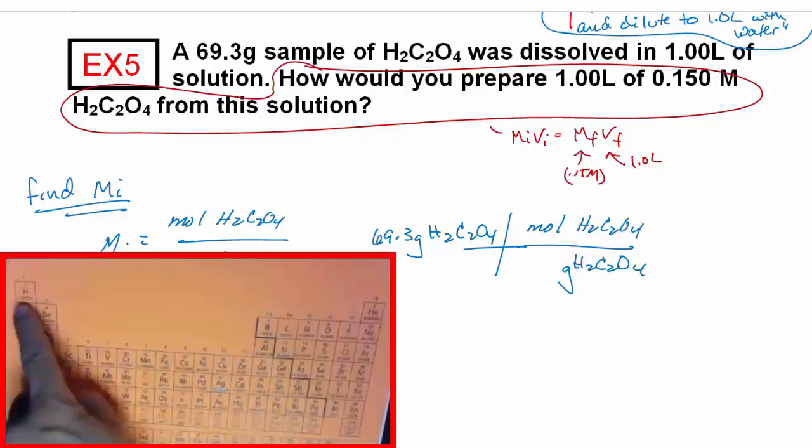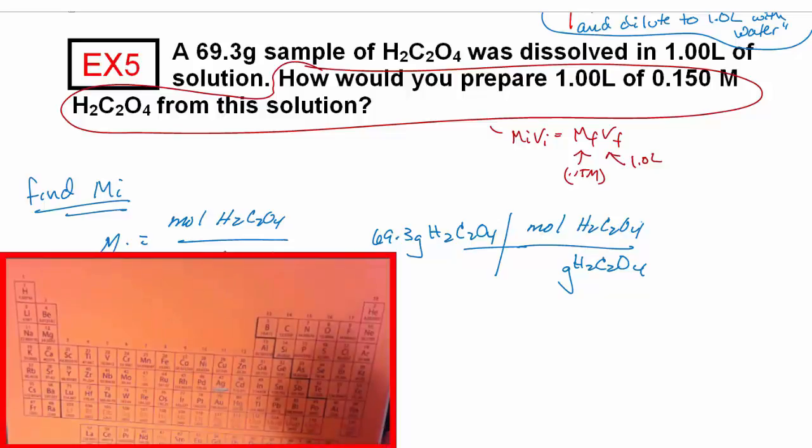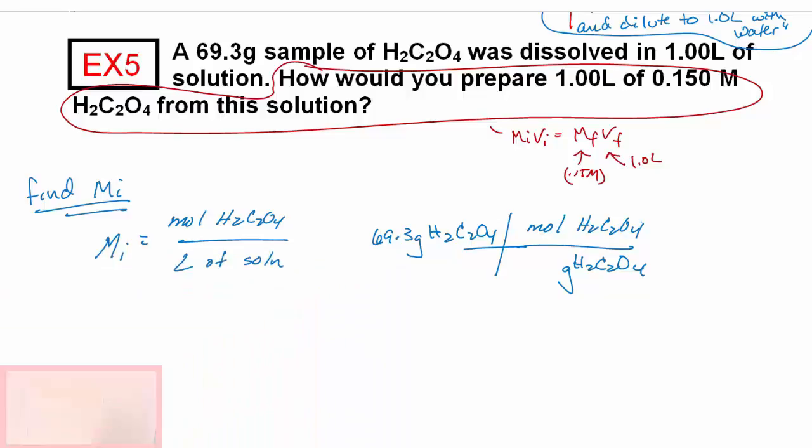So hydrogen 1.01 times 2 plus 12.01 times 2 plus 16 times 4, get about 90. About 0.77 moles.